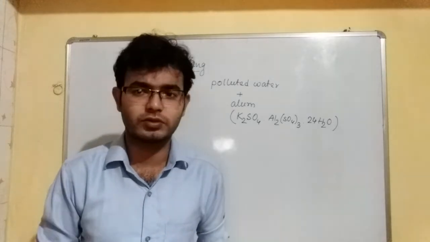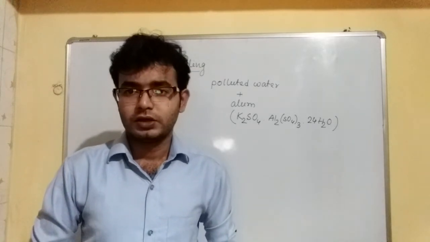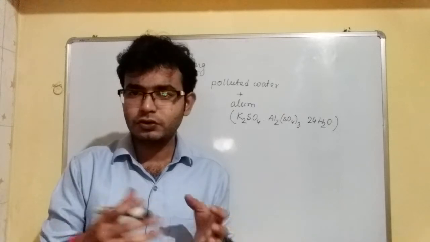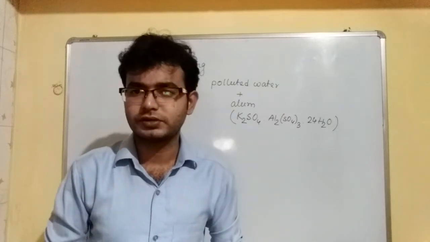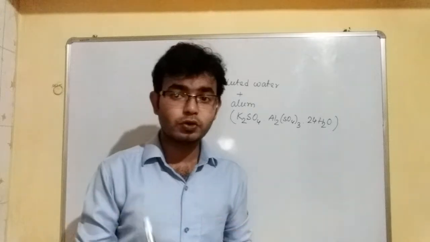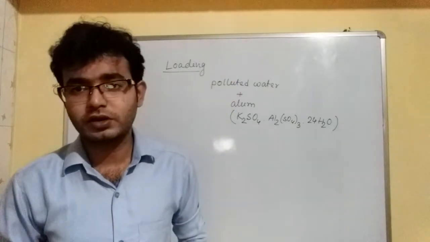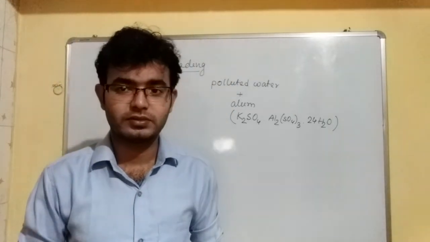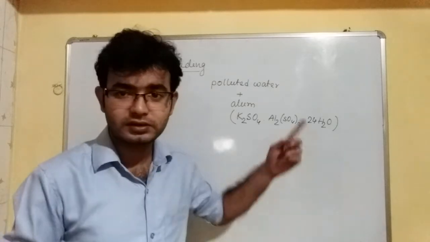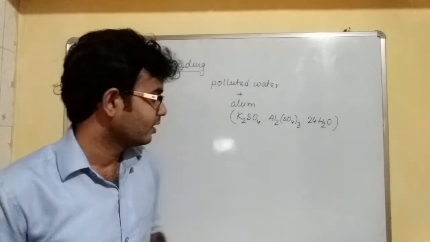They will not settle down by gravitational force, and then they obviously make the water polluted. So to remove these suspended impurities, first we have to settle them down. What is the process? This loading.